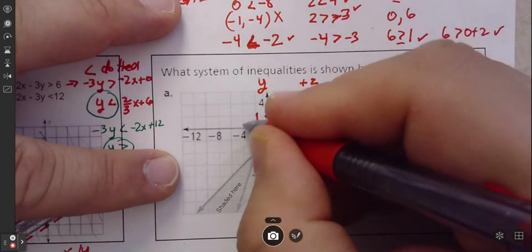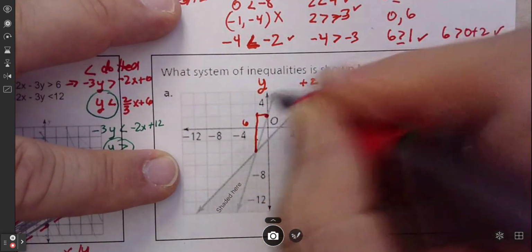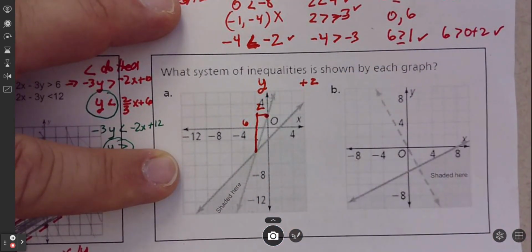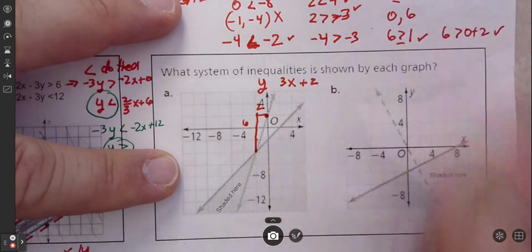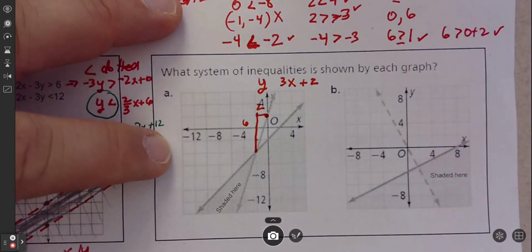Now it's going by 2, so that's 6 over 2. 3. I know, it's kind of hard to see, isn't it? Like yours are showing up better than mine are. Mine's just white. Yeah, I can't see that. Now I'm talking about this line.